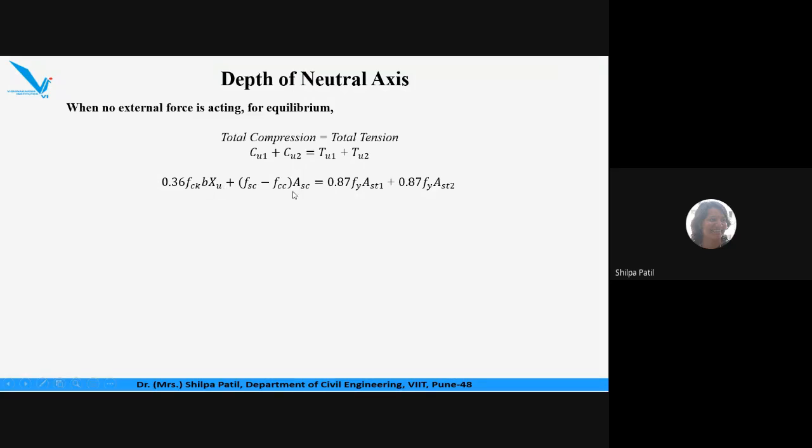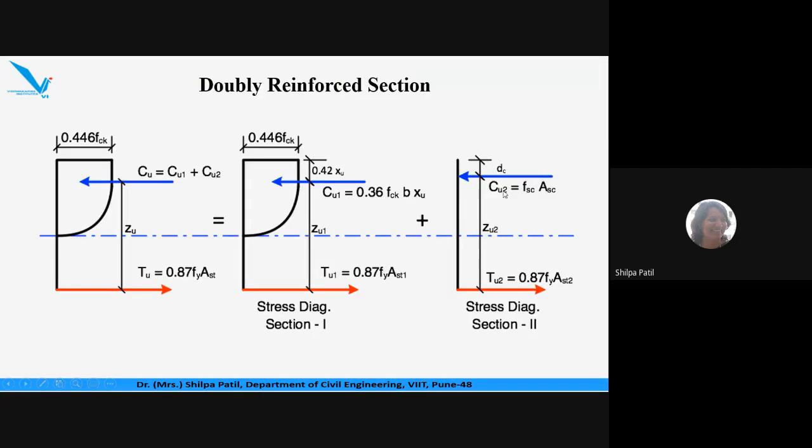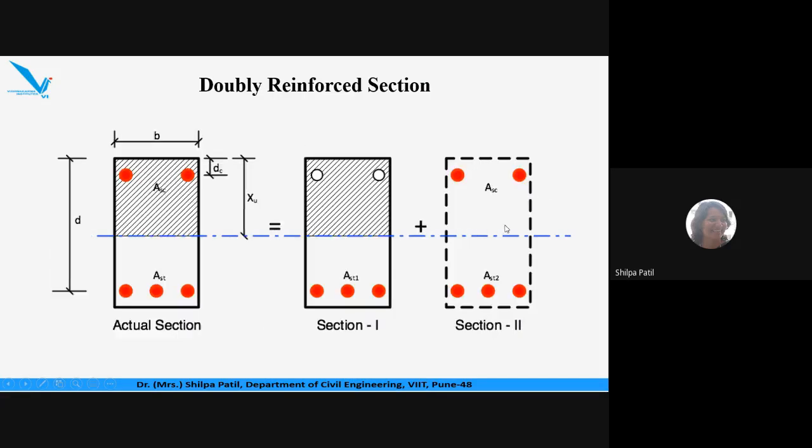Now here, FSC into ASC, this formula we have seen. If I go back to the earlier diagram, Cu2 is FSC into ASC. But if you consider this diagram, here we are considering the force of compression developed by the concrete and the force of compression developed by the steel.